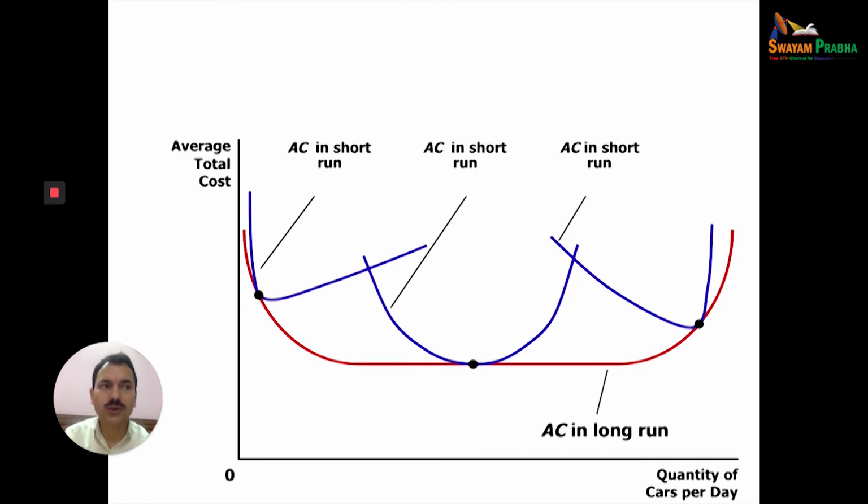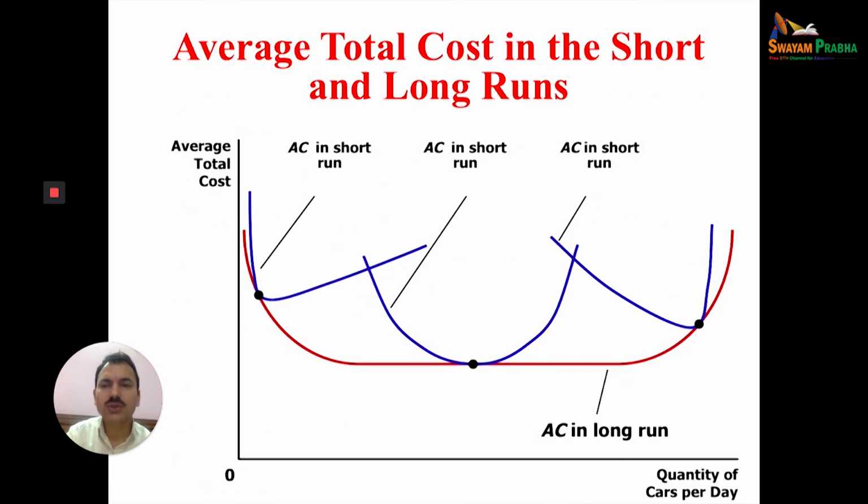The long run average cost curve is that curve which shows the minimum cost per unit of production, producing each output level corresponding to the different scales of production. So long run cost curves can be derived from the short run cost curves.